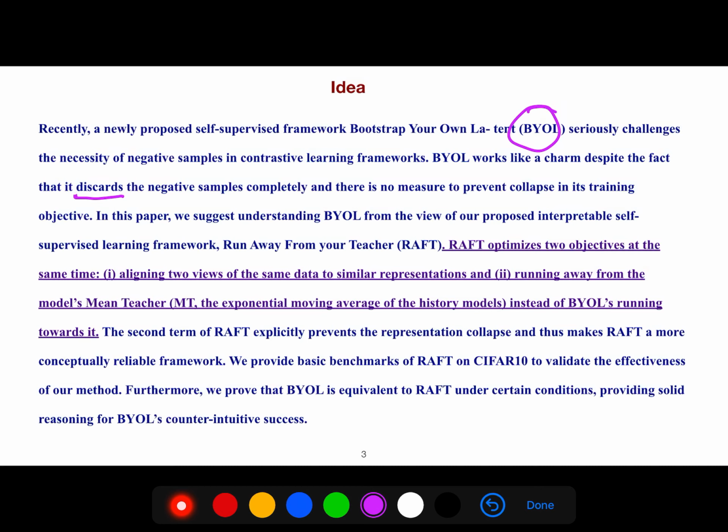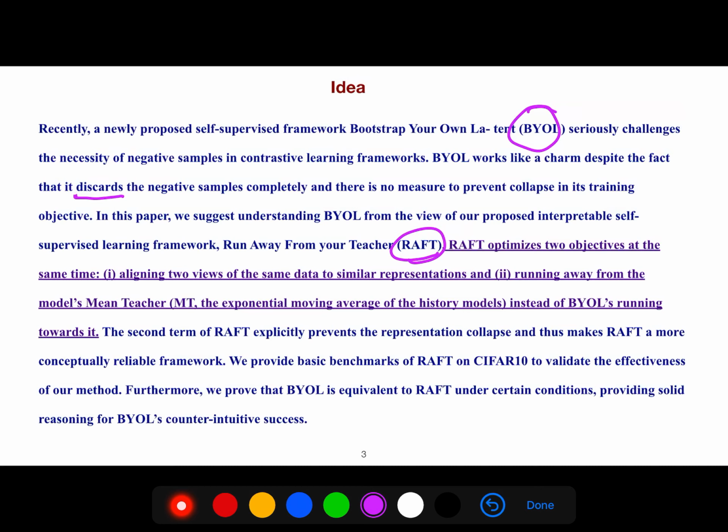Run Away from Your Teacher, or RAFT, optimizes two objectives at the same time: aligning two views of the same data to similar representations, and running away from the model's mean teacher, the exponential moving average of the history models, instead of BYOL running towards it.